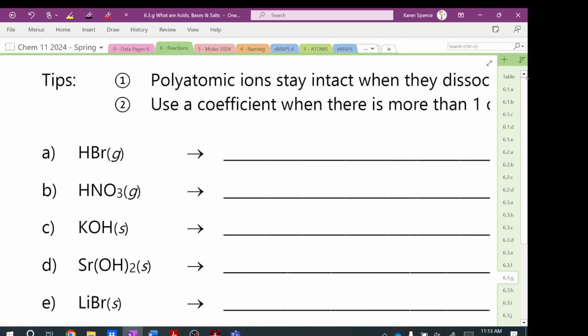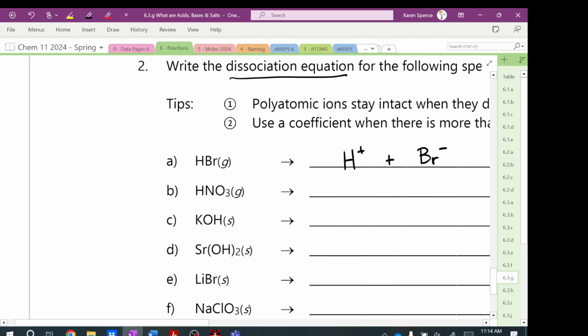Okay? And the question is, why do diatomic elements not apply when we're doing a dissociation? So we end up getting H plus and we end up getting Br minus. Now, if I have Br and it is neutral, it is in group 7.